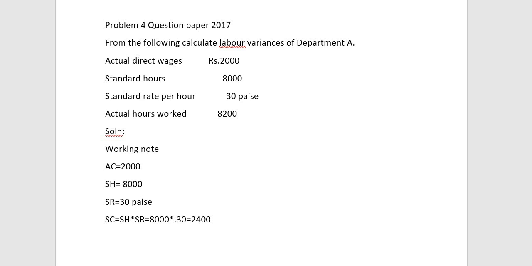Next, they have given the actual hours worked, that is 8200 hours. But we don't know the actual rate. To find the actual rate, actual cost is 2000 rupees and actual hours worked is 8200.